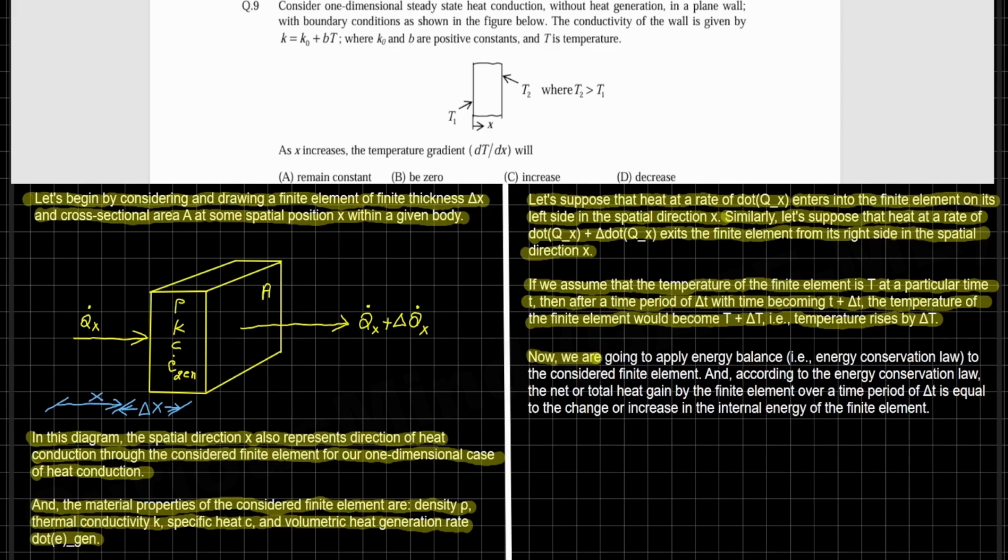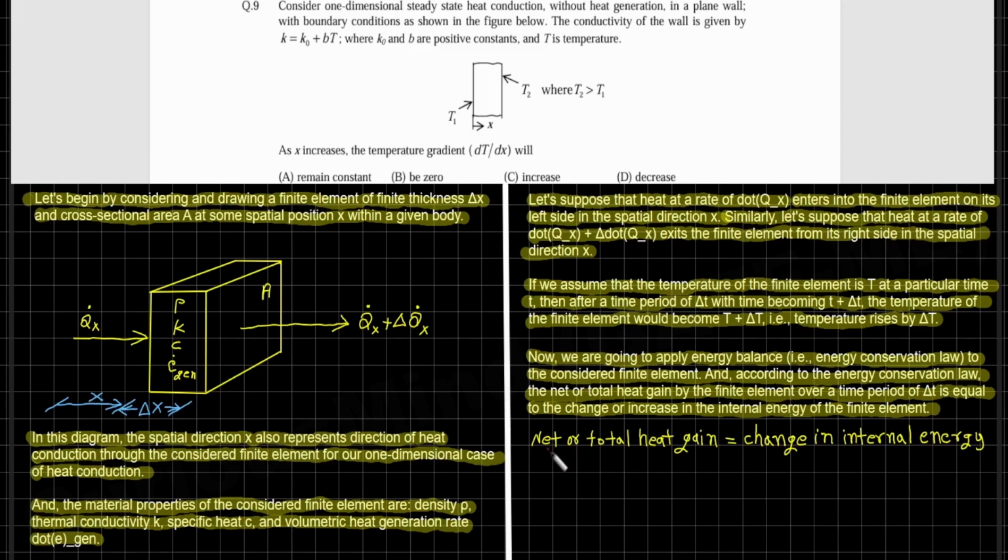now we are going to apply energy balance, that is energy conservation law, to the considered finite element, and according to the energy conservation law, the net or total heat gain by the finite element over a time period of Δt is equal to the change or increase in the internal energy of the finite element.